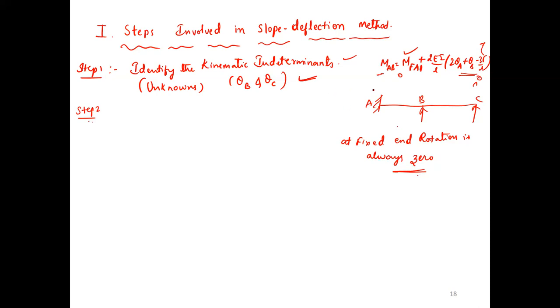Here, theta A is 0. They can ask this in an MCQ. At a fixed end, rotation is always 0. There is no theta. Keep this in mind and note it down somewhere. The rotation contribution of a fixed end is always 0. Okay. Next, the slope deflection equation.